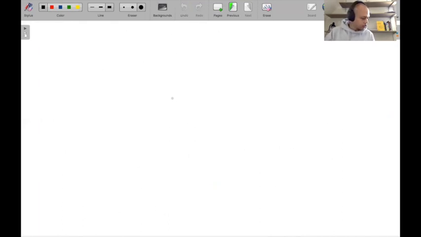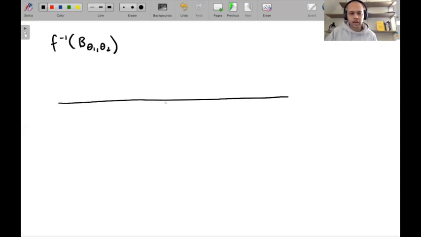Let me do this on one last page. So, F inverse of B θ1 θ2. Let me first draw a picture. Here's 2 pi, 4 pi, and so on. This map is periodic in the sense that if you have points that differ by 2 pi, then they map to the same point on the circle.